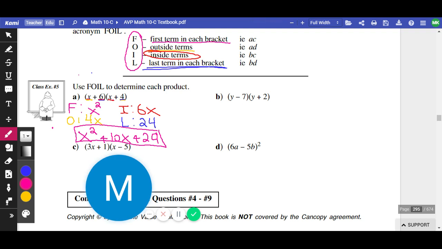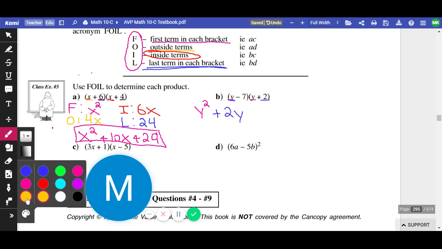I'll do one more with you. Let's do B, and then we're going to talk about D, because there's something fancy with D. So if we look at B and we do FOIL, the first terms, y and y, become y squared. The outside terms, y and 2, give plus 2y.